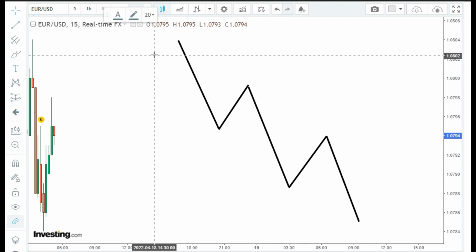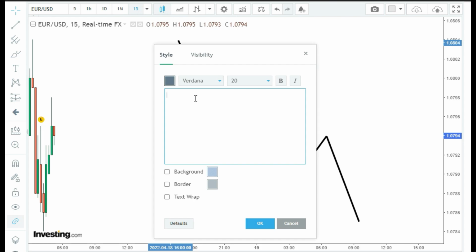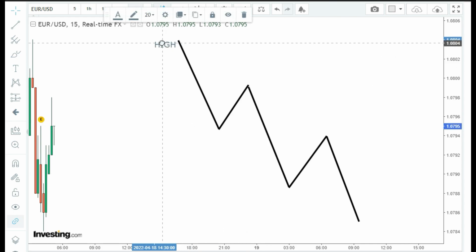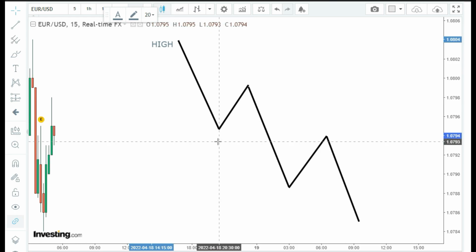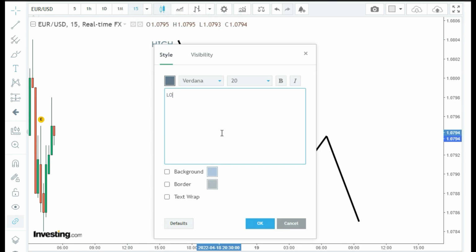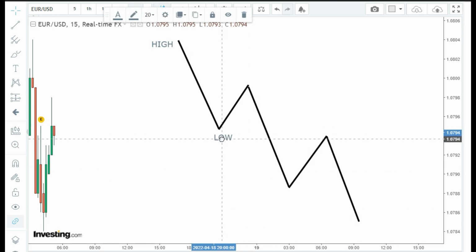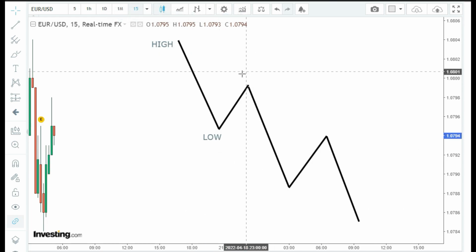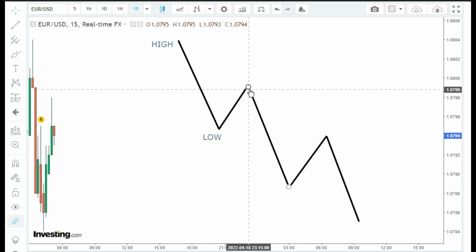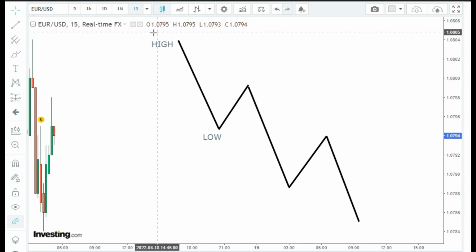So let me write them down. So as we are starting, we'll start from the highest point. So this is the high, and this is the low. Now this point is lower than the previous high.